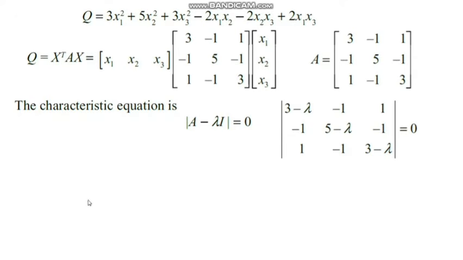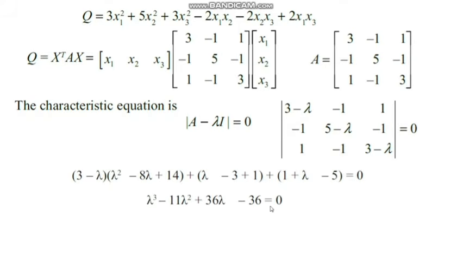Now expand the determinant along its first row. One can get this equation. After simplification, we have a cubic equation in terms of lambda: lambda cube minus 11 lambda square plus 36 lambda minus 36 equal to 0.